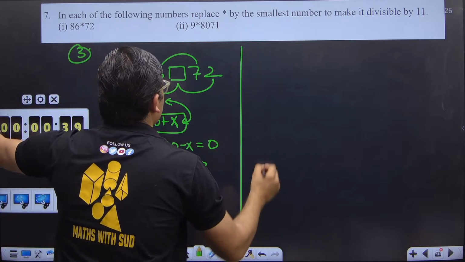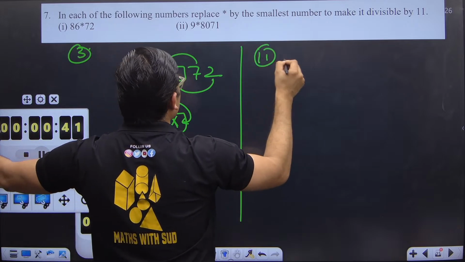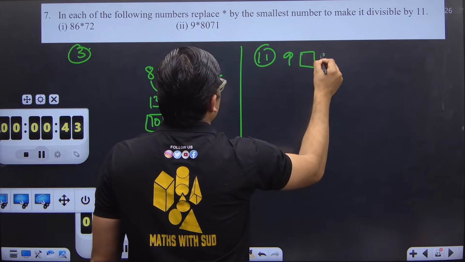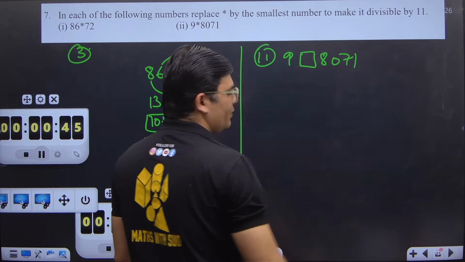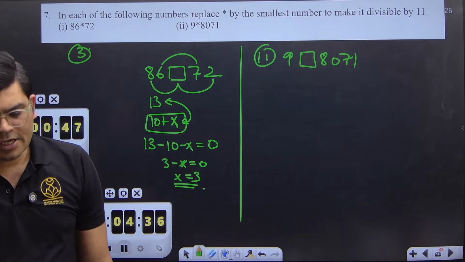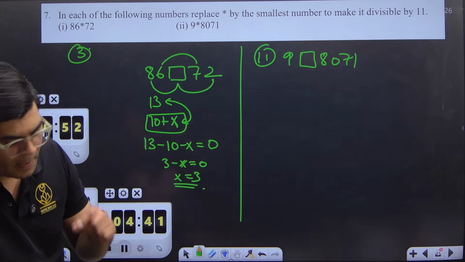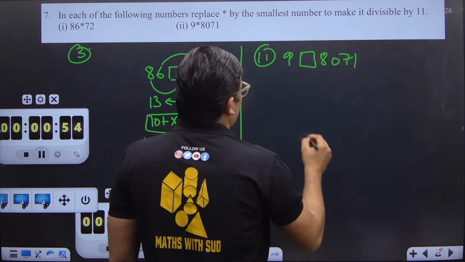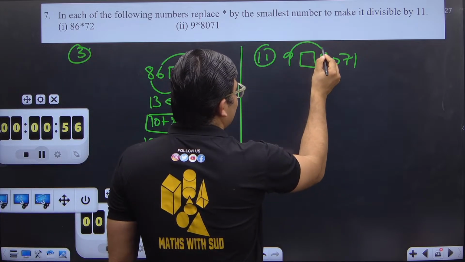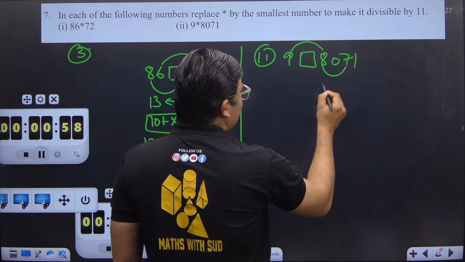Next question. Question number 2. 9-8071. Okay. So we will add this. 9 plus 8 is 17. 17 plus 7 is 24.